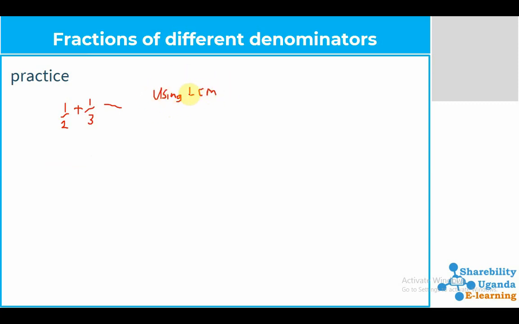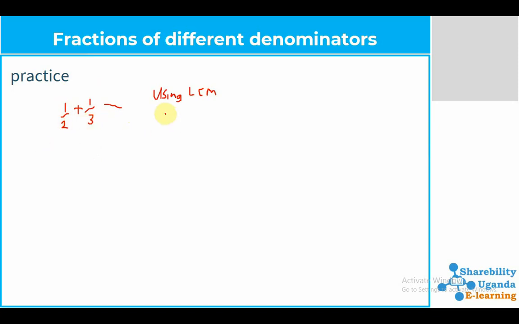So that means here we shall get the lowest common multiple of these ones, but we shall only take the denominators, which are 2 and 3.